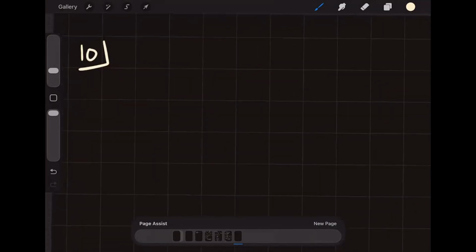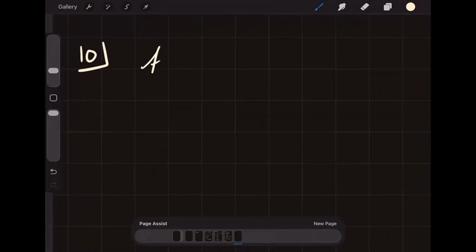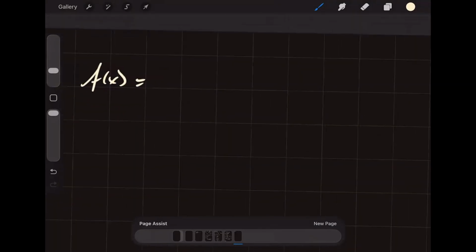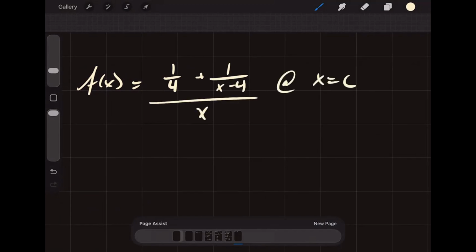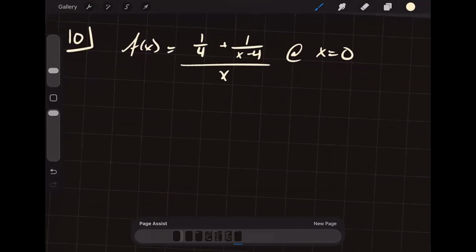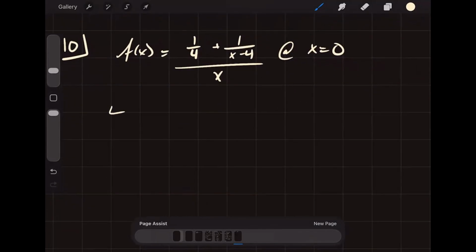Let's simplify these bad fractions. F of x is equal to 1/4 plus 1 over x minus 4, all over x, at x equal to 0. Continuous? Probably not, but let's find out.